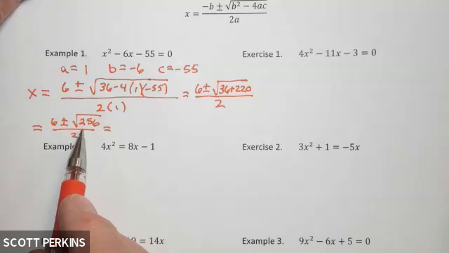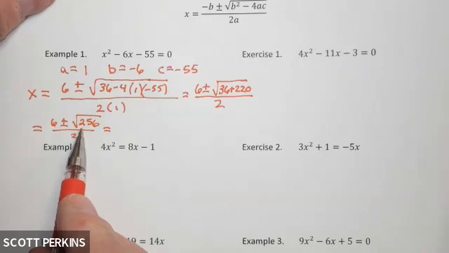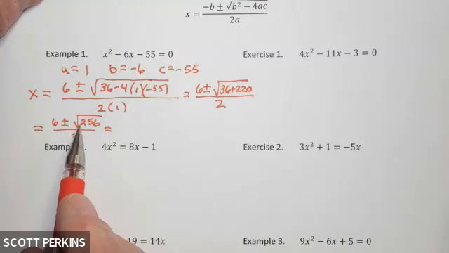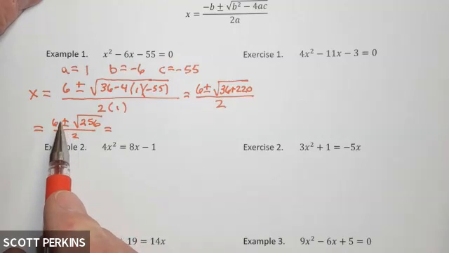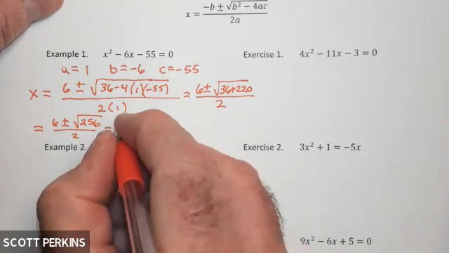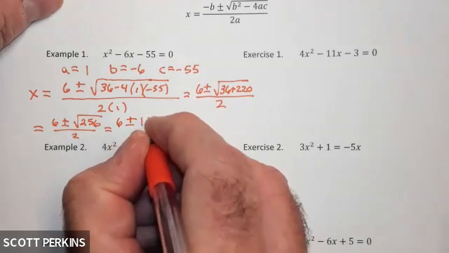If this square root works out perfectly like this one does, that means the problem would have factored. If this square root doesn't work out perfectly, simplify it if possible. And if it doesn't simplify, just leave it. Okay, well, I'm not into decimal answers in this class. That's if you're in physics or an application, you'll give decimals, but we're just going to give exact answers in here. So I have 6 plus or minus 16 over 2.